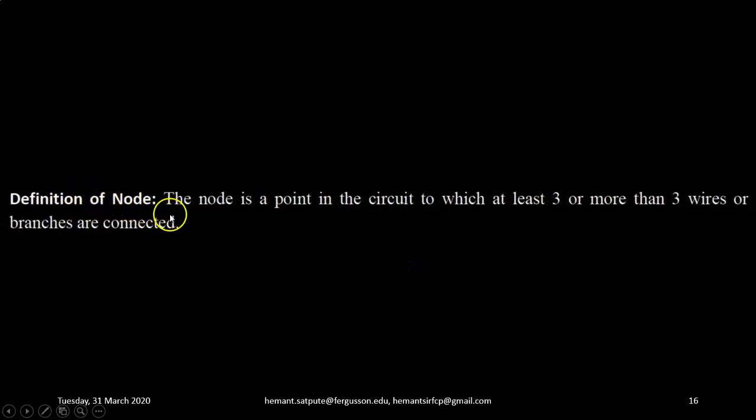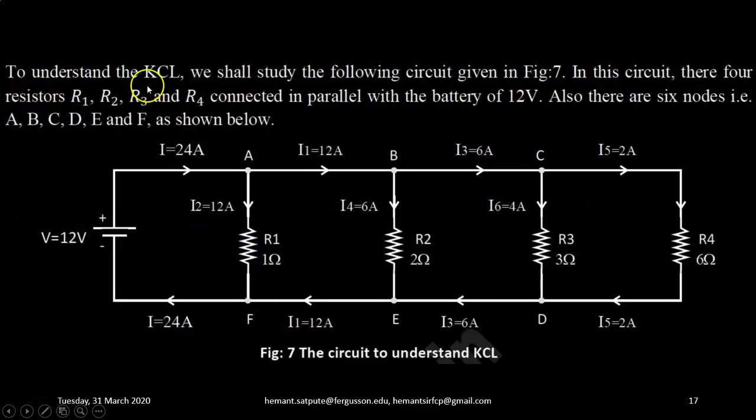So let's define a node. A node is a point in a circuit to which at least 3 or more wires or branches are connected. To understand KCL, let us study the following circuit given in figure number 7.